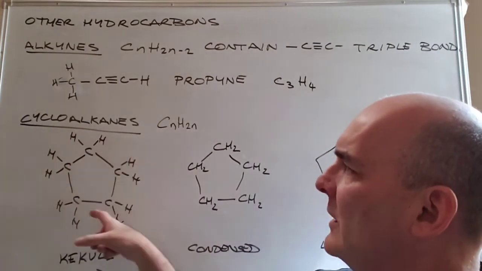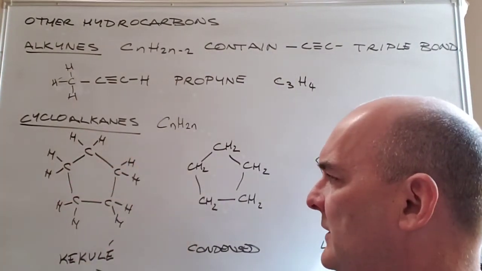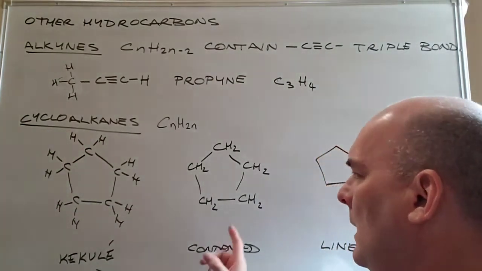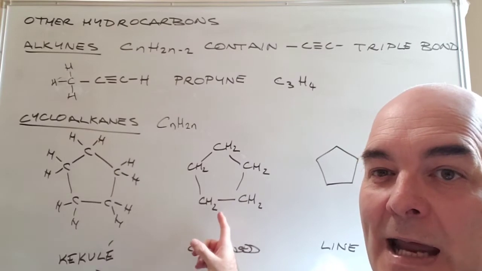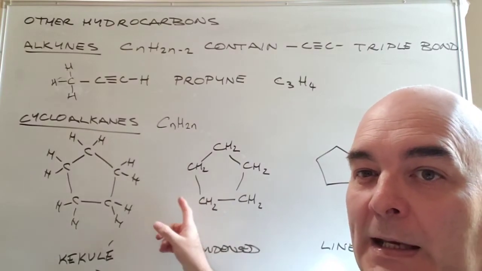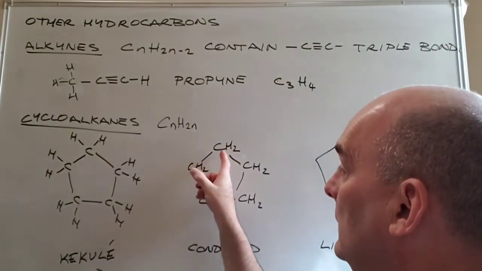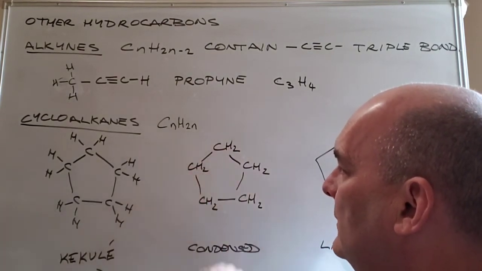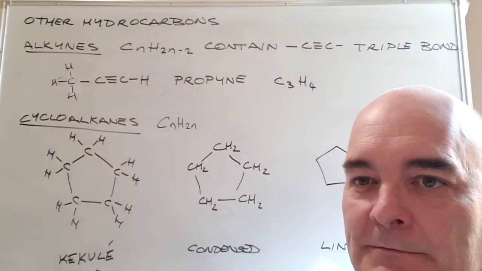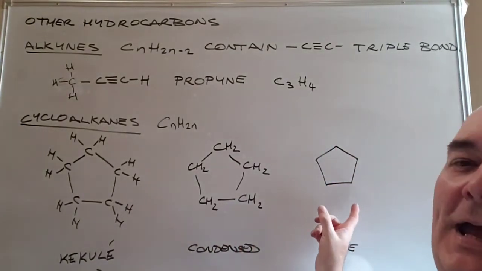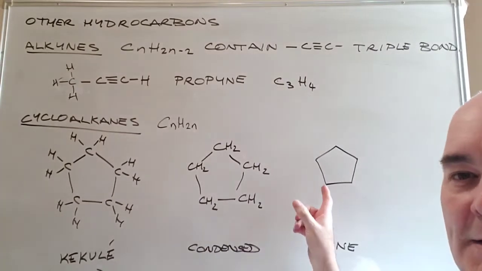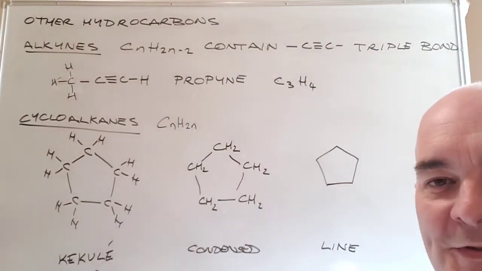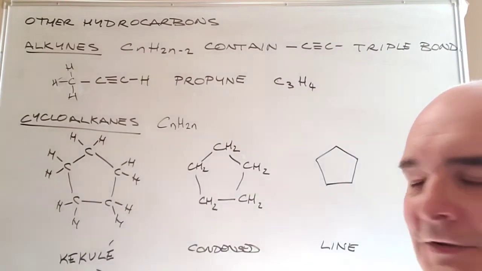Okay, this structure, this is a Kekulé structure. This is what everyone calls a Lewis structure, even though it's not. This is a condensed structure. And in a condensed formula, you write the atom labels and you write the number of hydrogens that are attached. And then we have the line structure. And in a line structure, we don't put any atom labels in at all, not for carbons and hydrogens.